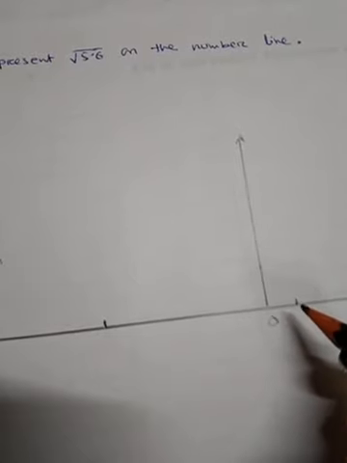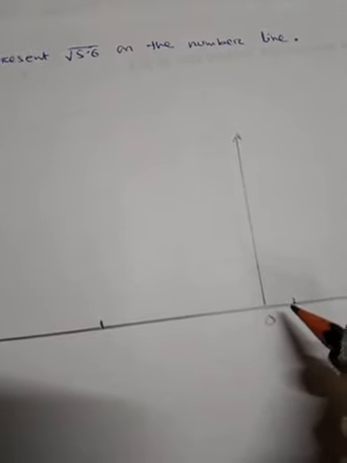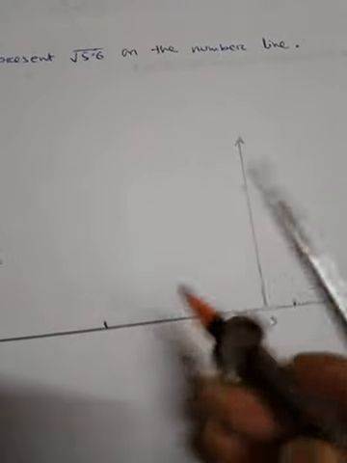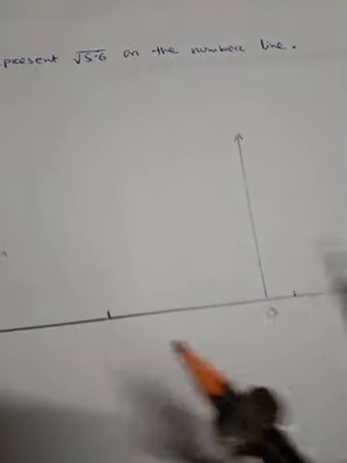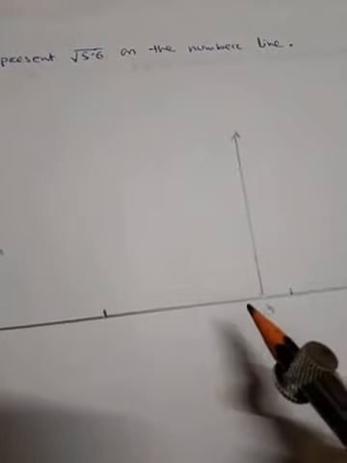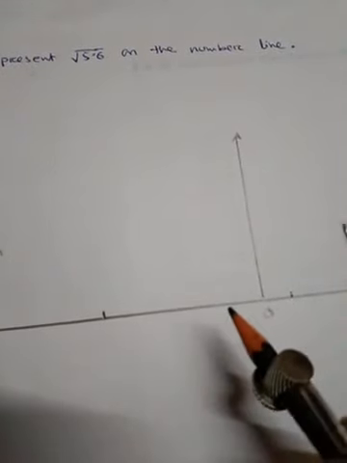This 1 unit can be 1 centimeter, it can be 1 inch also. And on the left hand side we'll mark the point where it is 5.6 units. Whatever unit we take on the right hand side, the same unit we'll have to take on the left hand side.